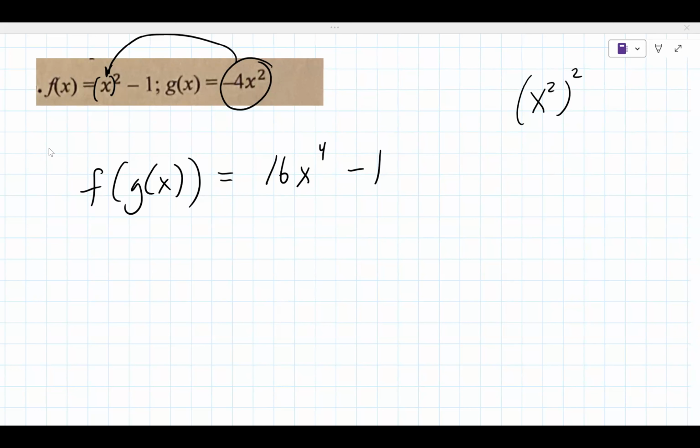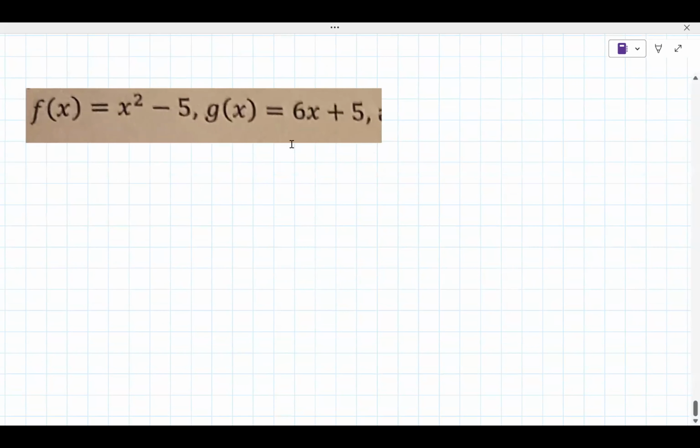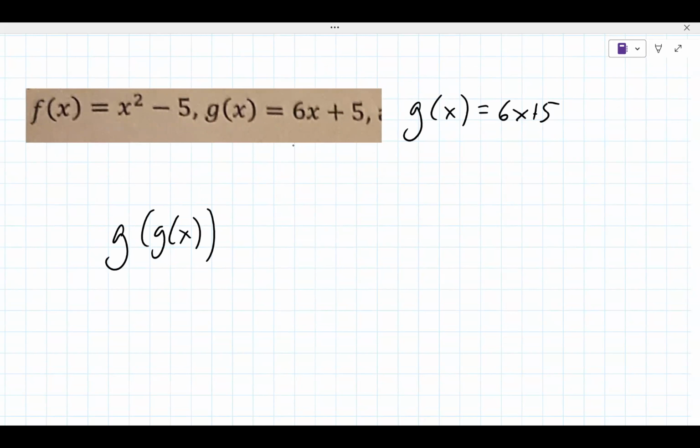Okay, let's try another one here. Let's try something a little bit different here. What is g of g of x? Now, this means, and I'm going to write g of g of x again, you're taking g of x and you're putting it in for x.